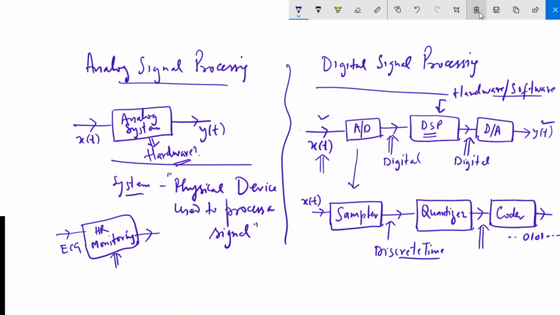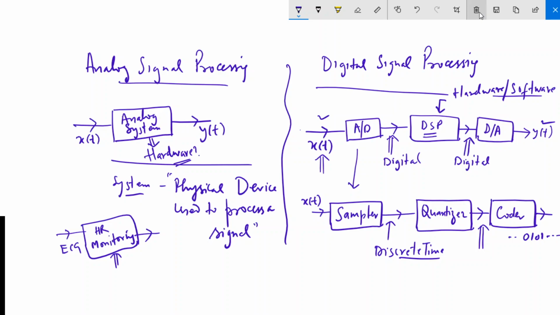Another thing is that tolerance is also a factor. It is very difficult to control the tolerance in analog circuits, as you know. But in digital systems the tolerance can be controlled because the signal voltage only fluctuates between two levels, whereas in analog the signal voltage can take any value.